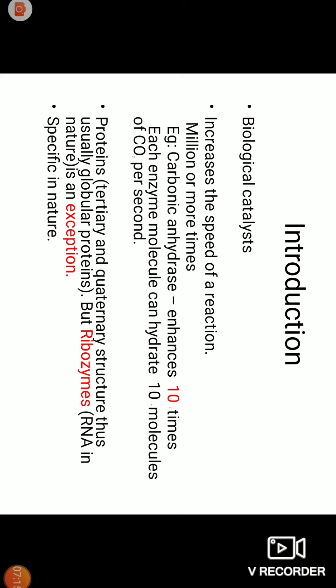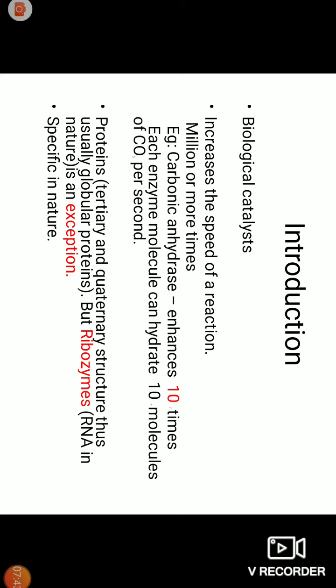So let us see what the chemical nature of enzymes is. A very good majority of the enzymes are proteinaceous in nature. Of course, you have studied details regarding proteins in the second semester.